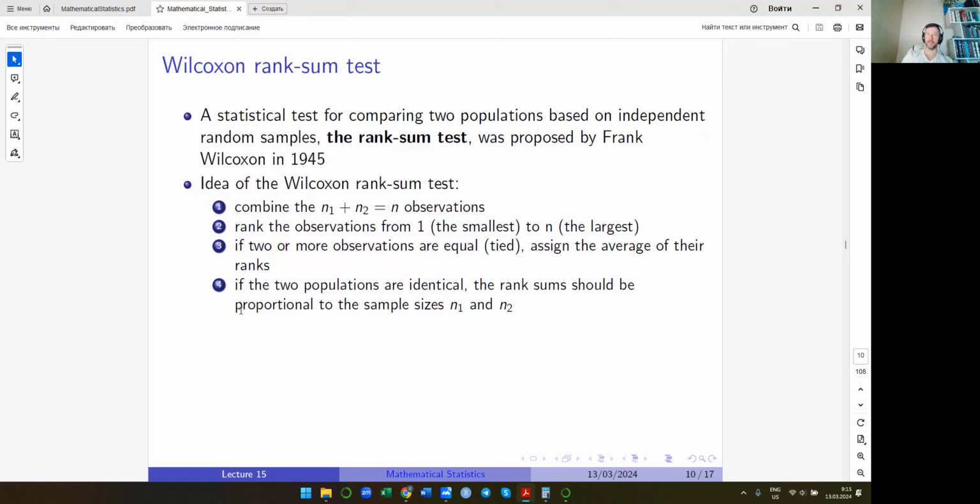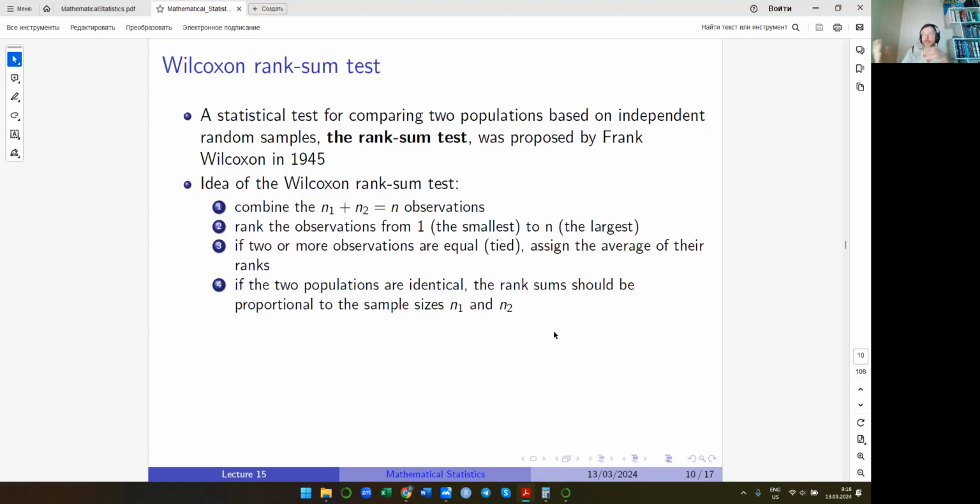The idea is, if the two populations are identical, the rank sums should be proportional to the sample sizes, n1 and n2. If two distributions are identical, then when you order the observations in ascending order, the first one might be from the first sample, the second from the second sample, the third from the first sample, the fourth from the second sample, and so on.